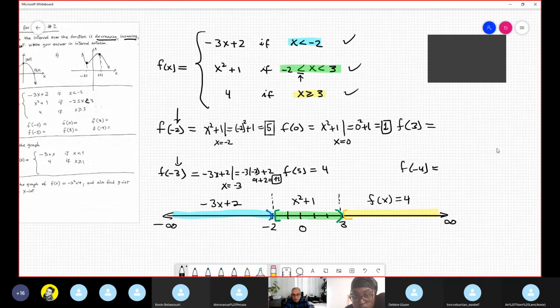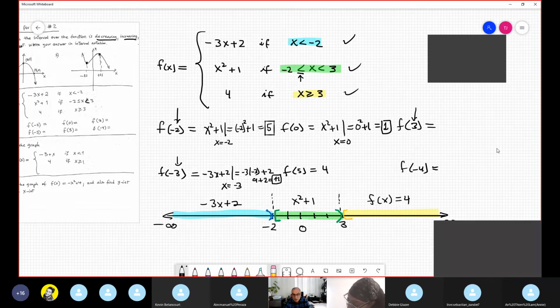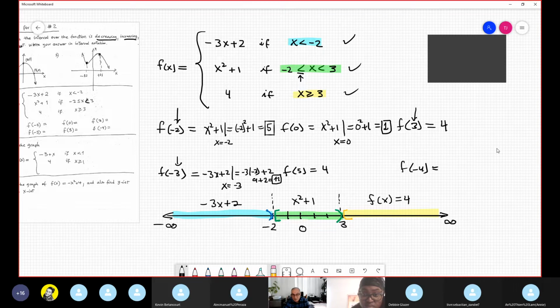Because this expression does not depend on x, this 5 actually doesn't participate in the game. What about 3? 3 belongs to the yellow again, Juan Gomez. So if it belongs to the yellow, it's 4 again.